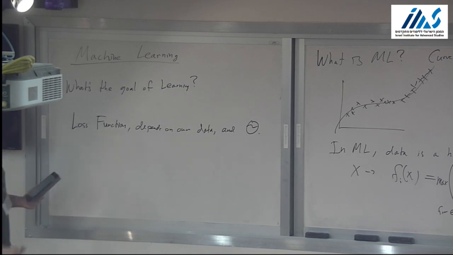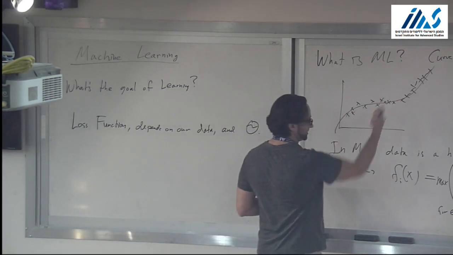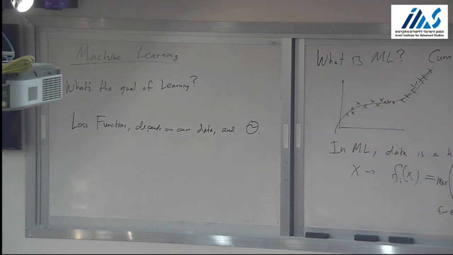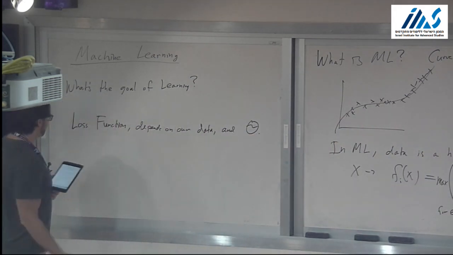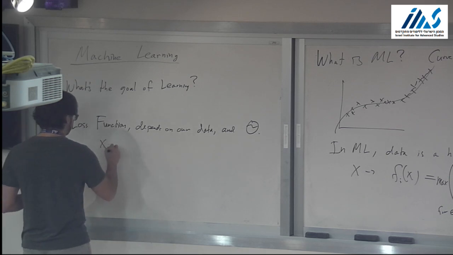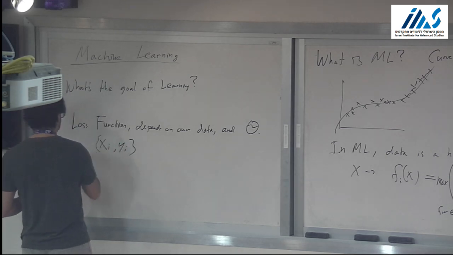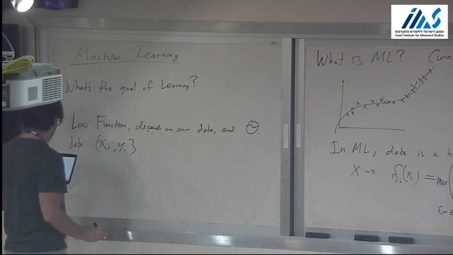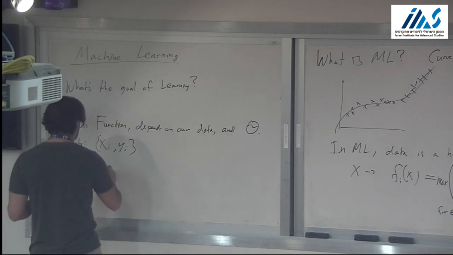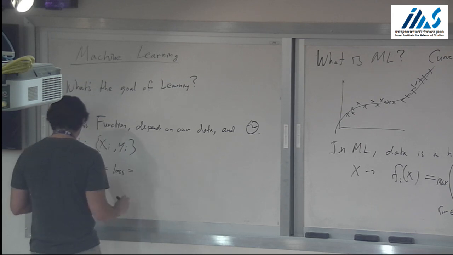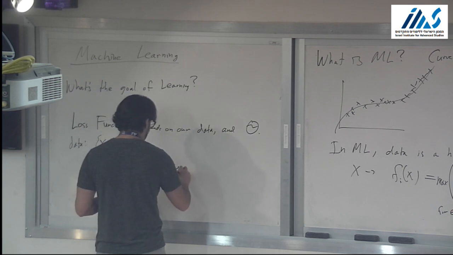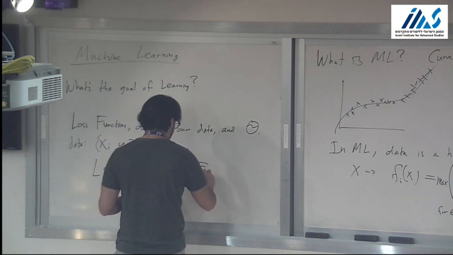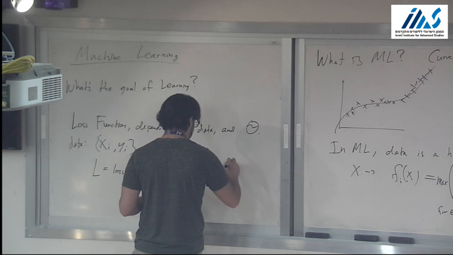And so the simplest loss function is literally for regression, where the output of our neural network is not something even as complicated as which digit we have written in MNIST, but is just some real number y. And if our data is x's comma y's, this is our data, then we can write a loss function L, which is, say, the sum over all of the data points of yi minus f theta of xi squared.